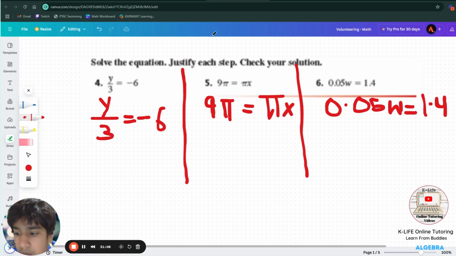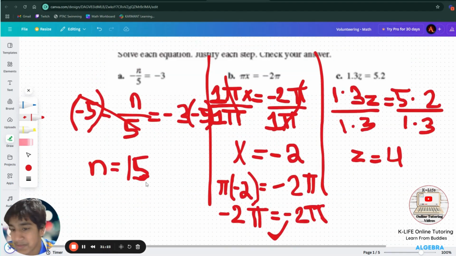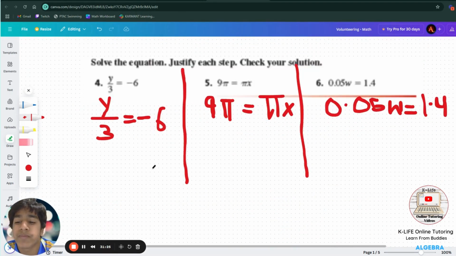Alright, so now we have 3 questions in front of you. Using what we have learned above, we know that y over 3 equals negative 6.